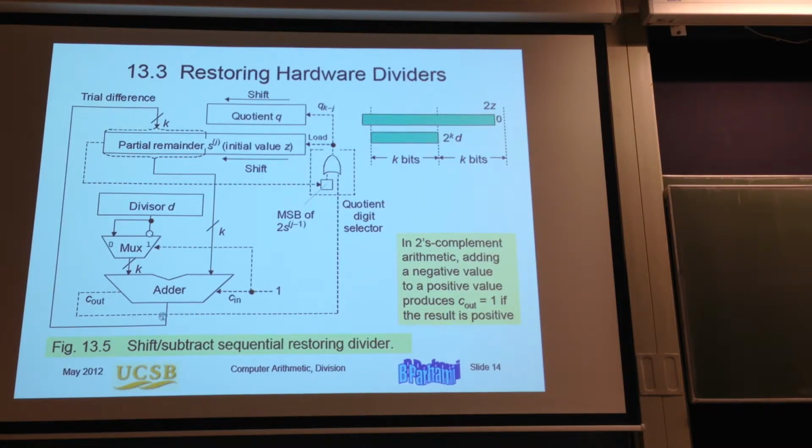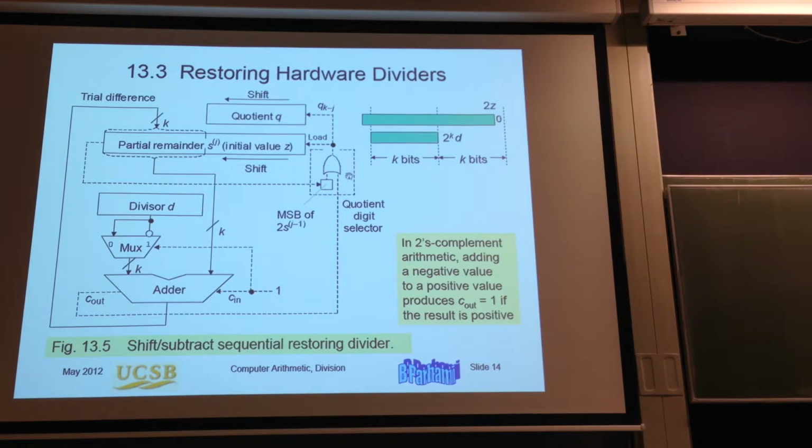Now, I'll put this result back in this register under a condition determined by the value of the quotient that I am obtaining. If this result is positive, this value will be 1, and then I am loading the trial difference, and also injecting a 1 in the quotient register.